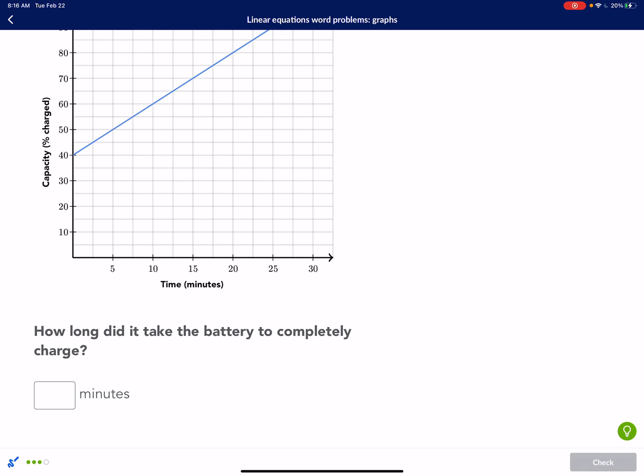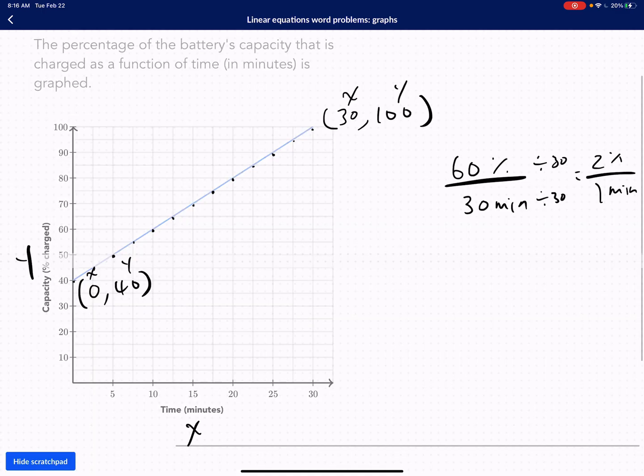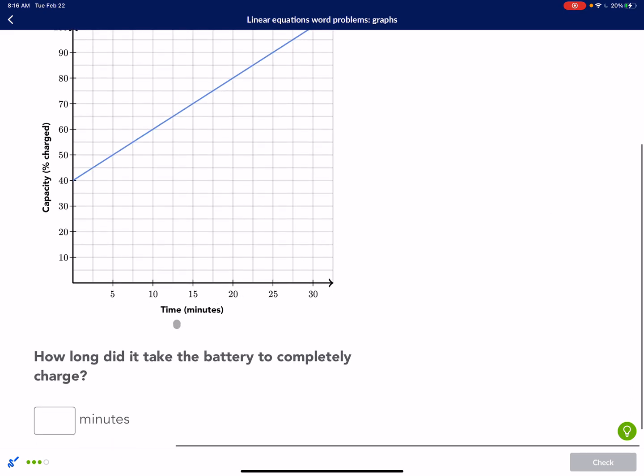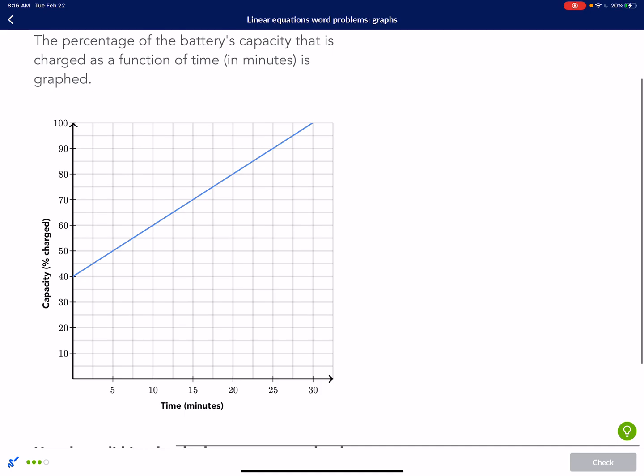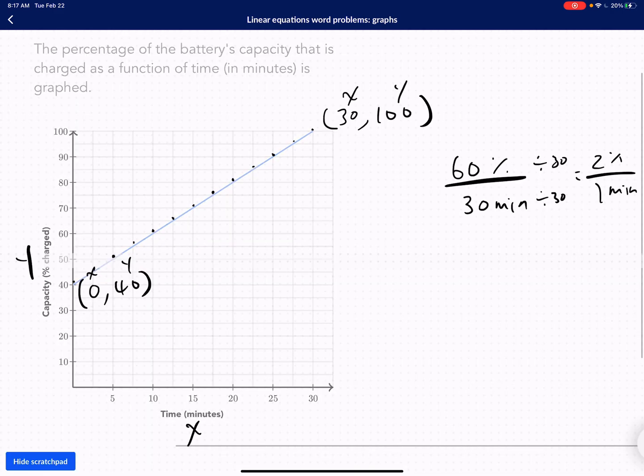Oh, whoops. They're actually not asking for the slope. The slope, if you wanted to find it, will be 2% per 1 minute. But the question that it's asking is, how long did it take the battery to completely charge? Well, let's take a look over here. To be completely charged, I'm going to move it up a little bit more.